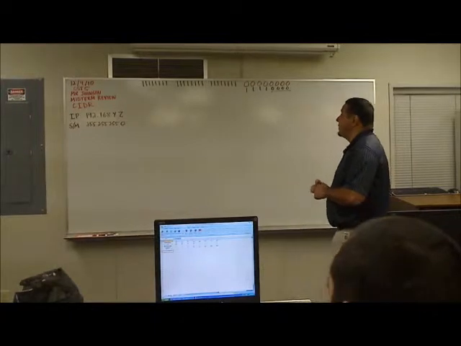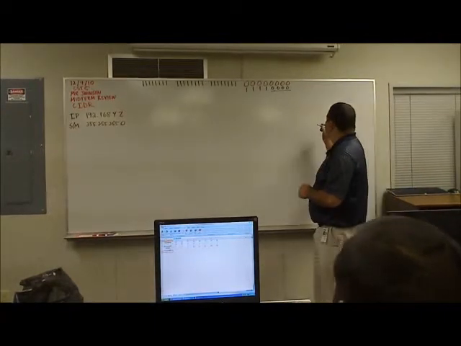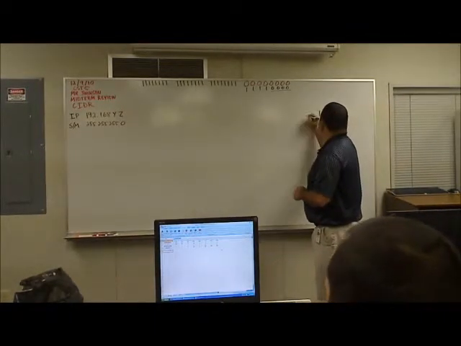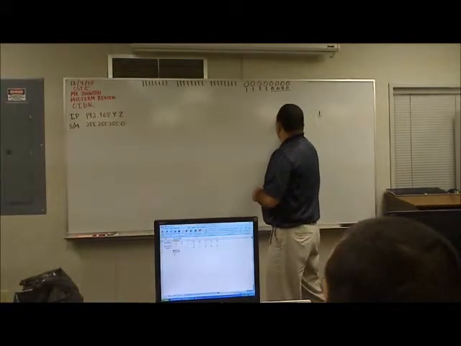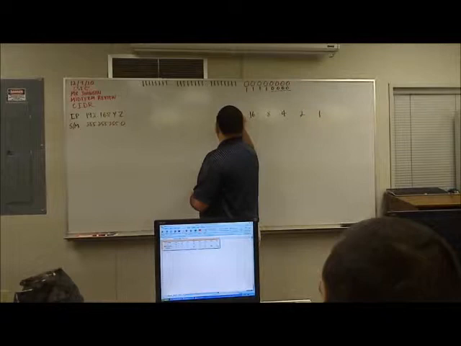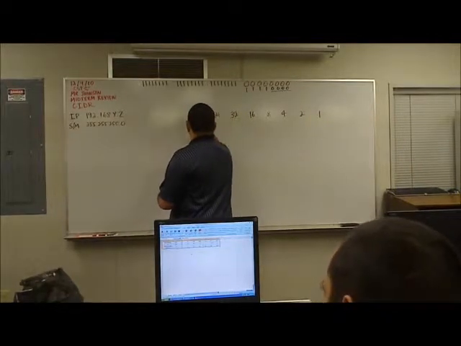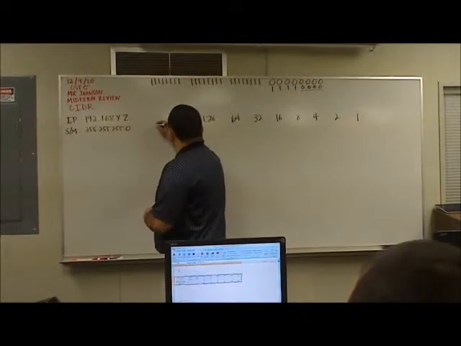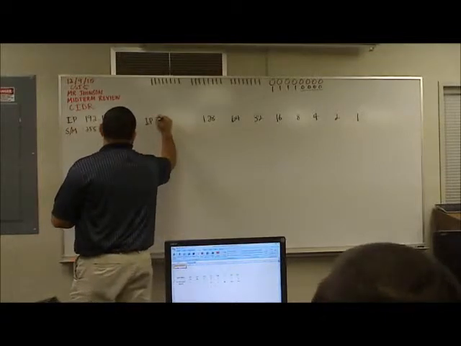So again, when you create your CIDR table, the first thing you do is lay out your binary. This will give you the IP addresses.